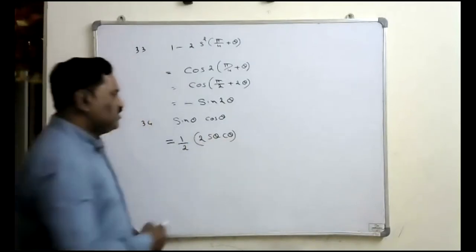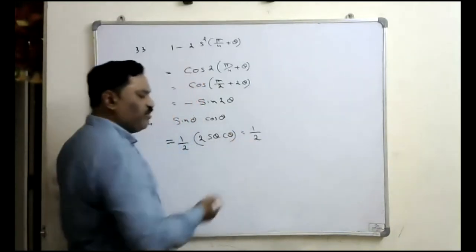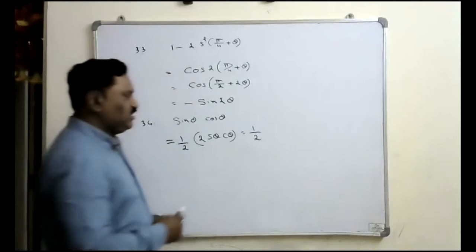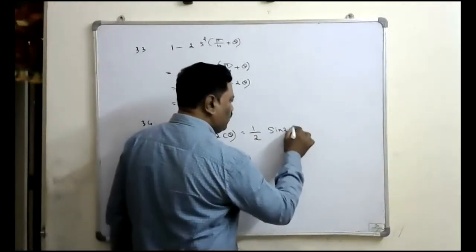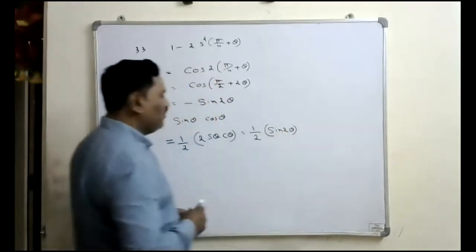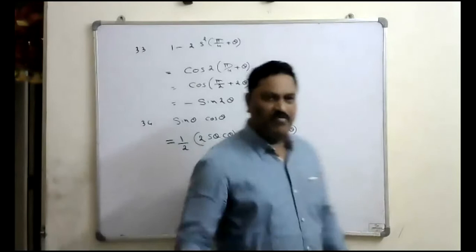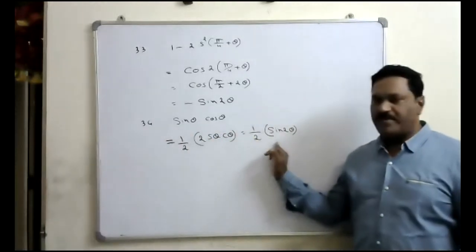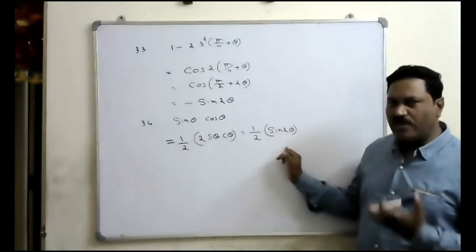We know the formula for 2 sine theta cos theta is sine 2 theta. So now we can observe that the problem was converted into a single trigonometric ratio, that is sine 2 theta.